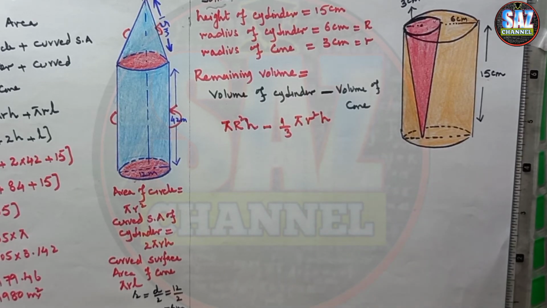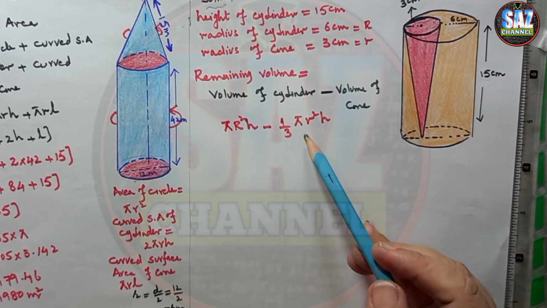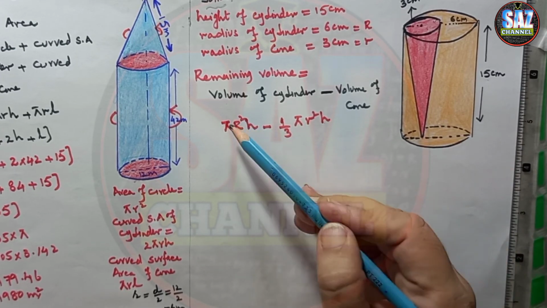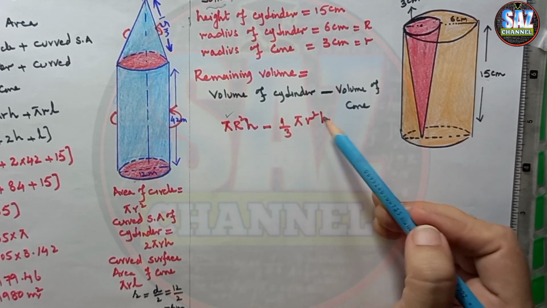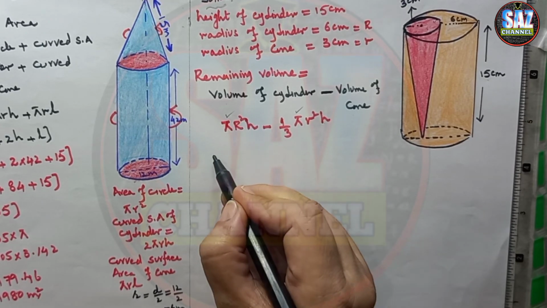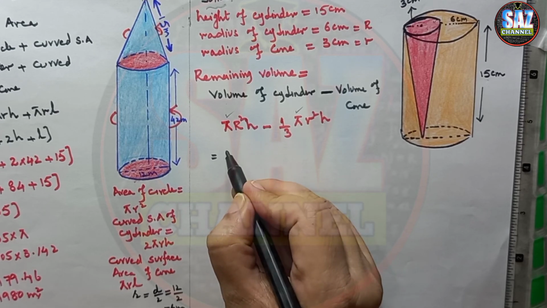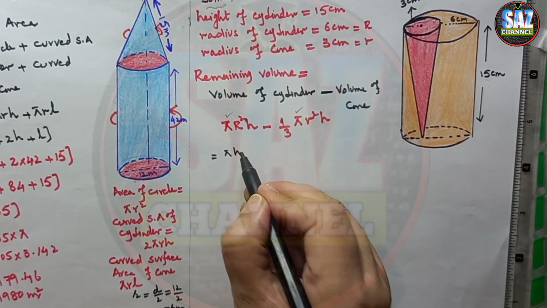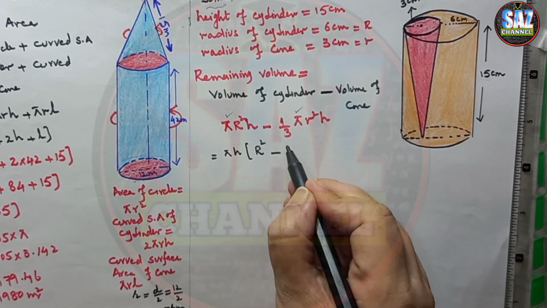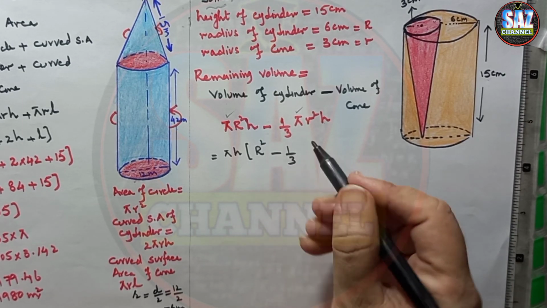If we look at the diagram carefully, we can see that the height is the same in both. So we can take pi and h out as common factors to make the calculation easier. The equation takes the form pi h, and I am left with capital R square minus 1 by 3 r square.